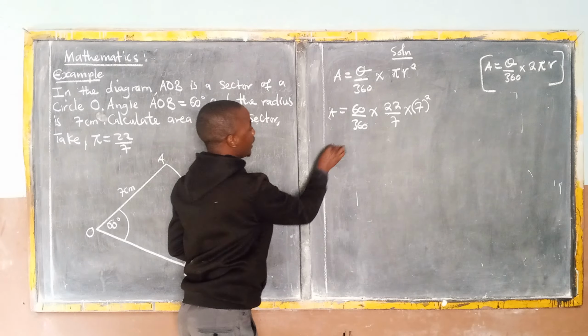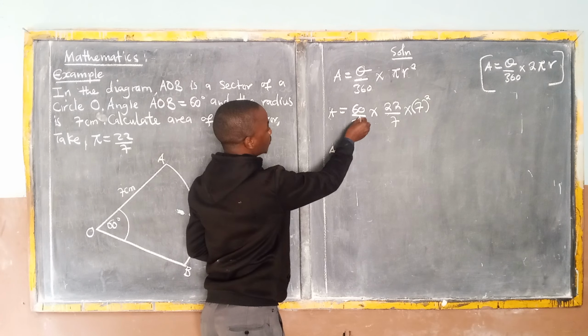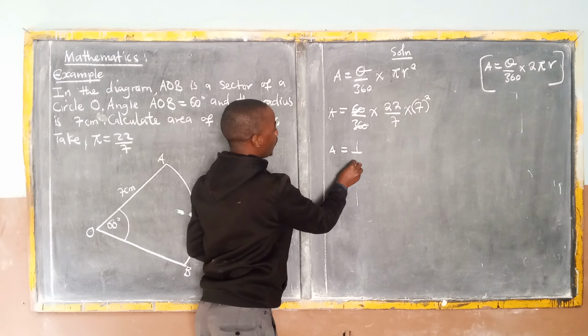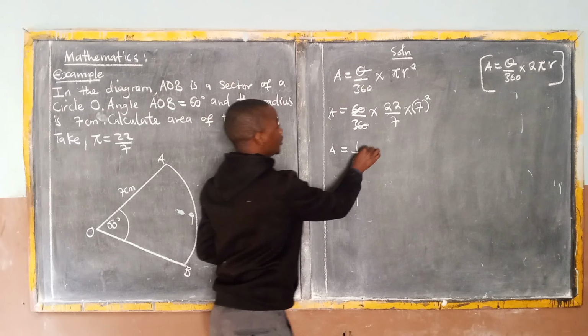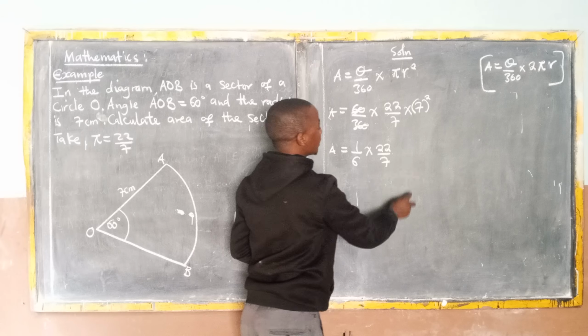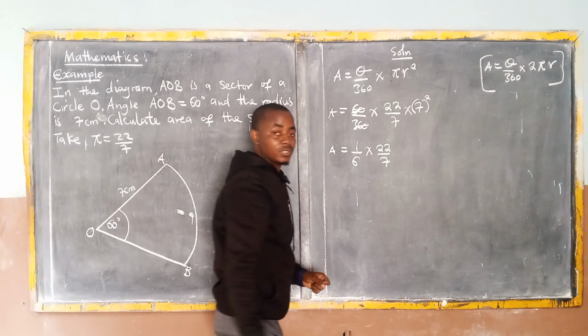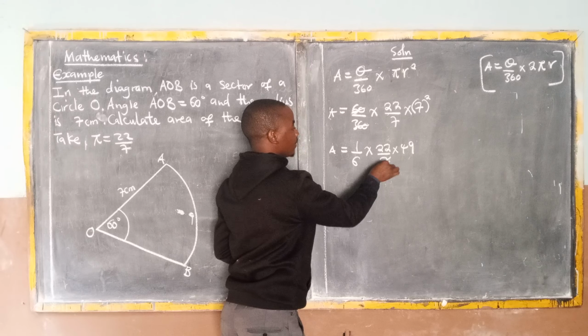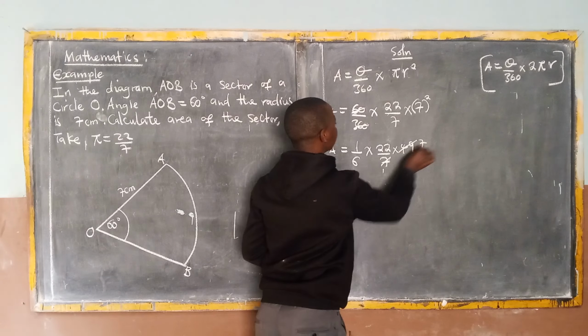So area will be equal to, 60 into 360, we have 1/6, multiplied by 22 divided by 7, but we can check there because 7 squared is 49. 7 into 7, 1. 7 into 49, it is 7.